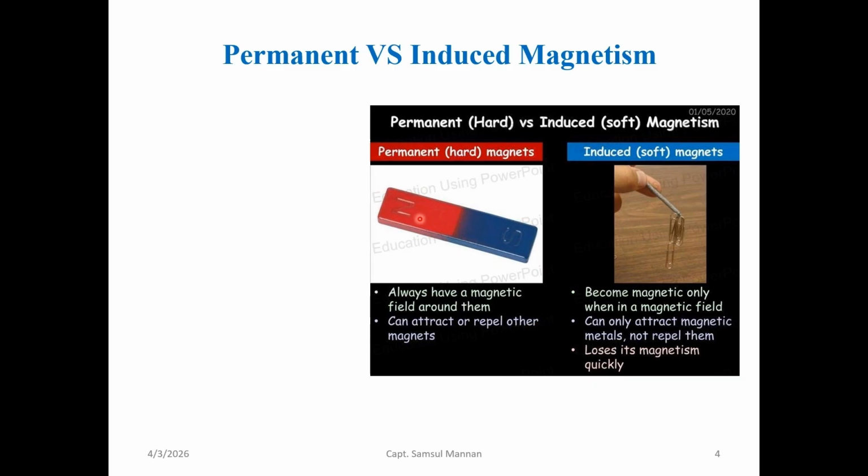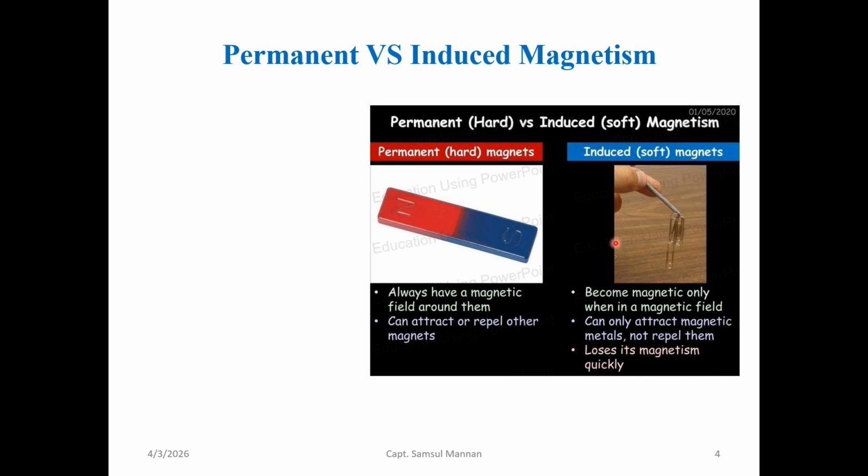Here you can see a magnetic bar which is a permanent magnet. Wherever you keep it in the world, that permanent magnet will always face towards the North Pole, and the red end of the magnet will point towards the North Pole.